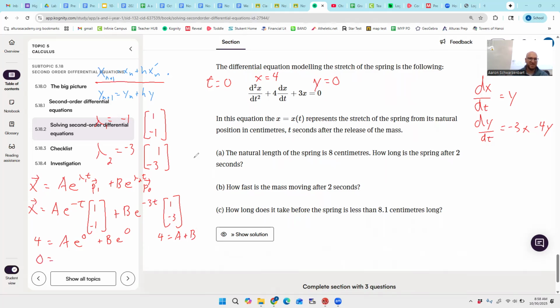My second line is going to be 0 because its x vector is x, y, right? Maybe I should write that. The x vector is always my x, y, or in this case, x velocity. Then I've got negative a e to the 0 plus negative 3b e to the 0.